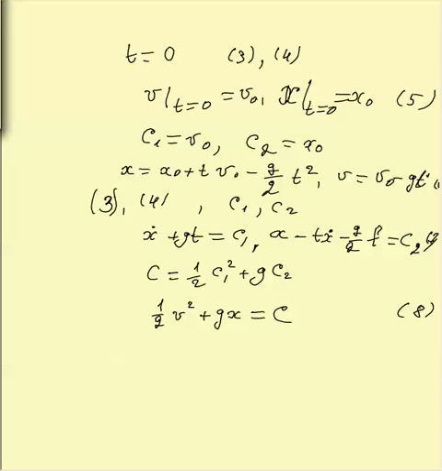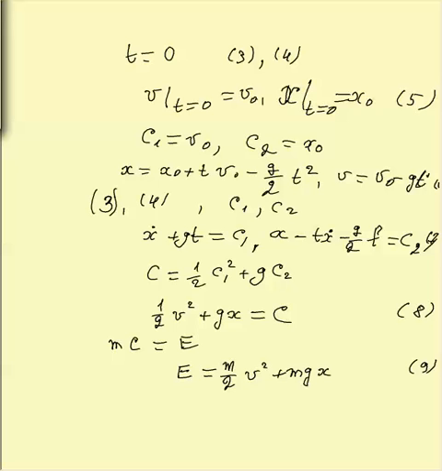Multiplying both sides of equation 8 by the mass m and denoting the constant m times c by a constant E, we arrive at the conservation of energy E, which is defined by E equals m over 2 v squared plus mg times x. The conservation of energy E is known from school to everybody.